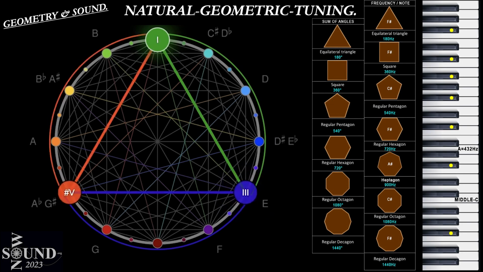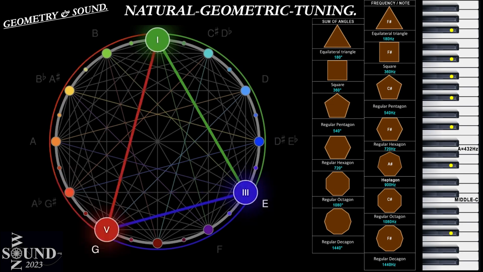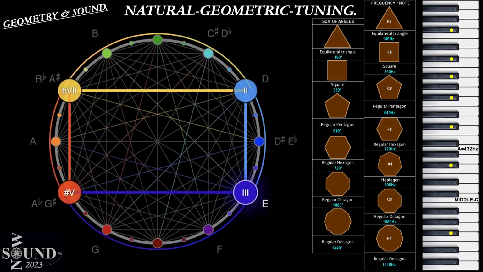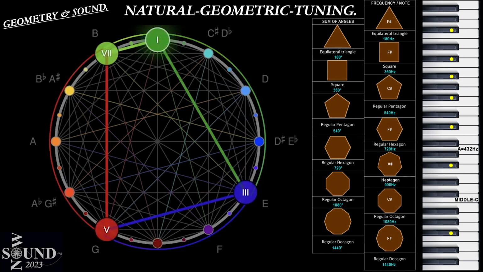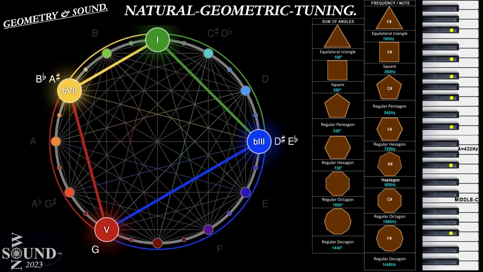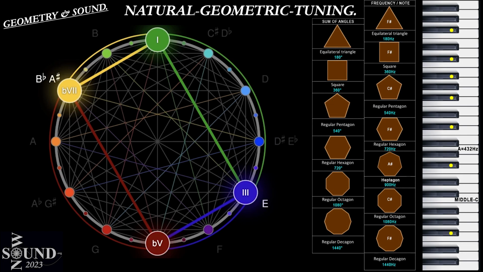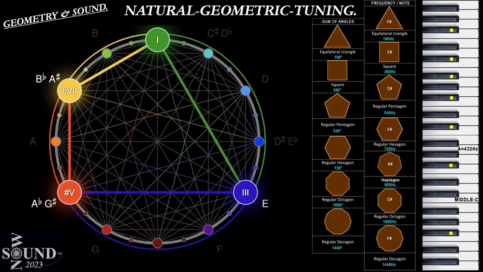Triangles represent triads: augmented, major, minor, and diminished. Tetragons, or quadrilaterals like squares, diamonds, rectangles, kites, and various trapezoids, represent tetrachords: major 7th, minor 7th, dominant 7th, minor 7th flat 5, dominant 7th flat 5, diminished 7th, and augmented 7th, some of the most commonly used chords in music.